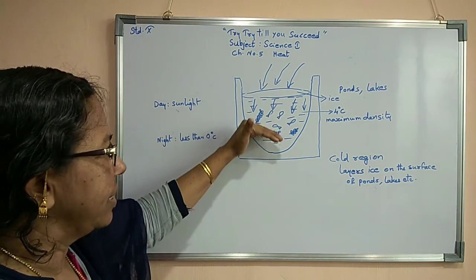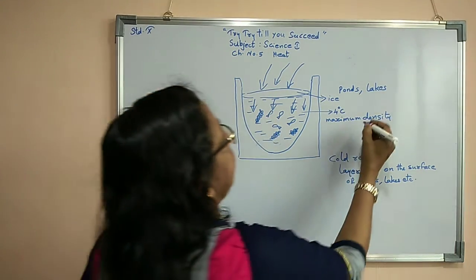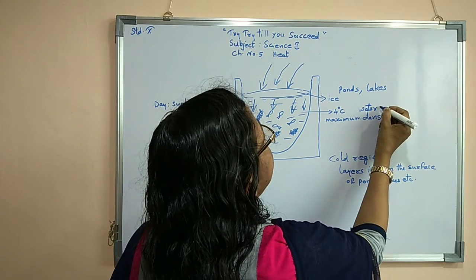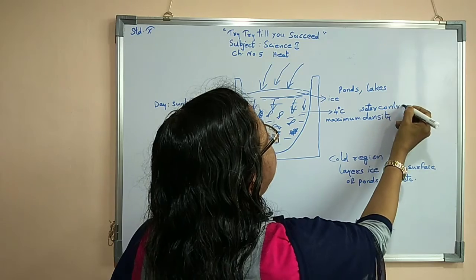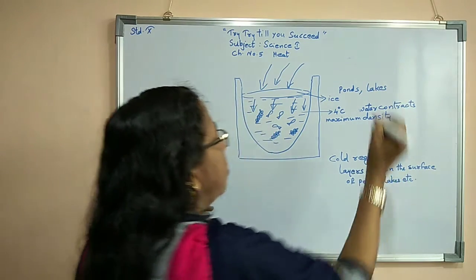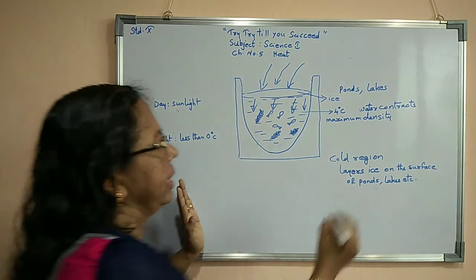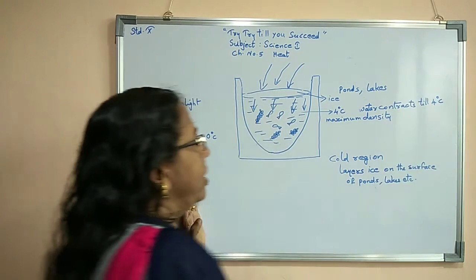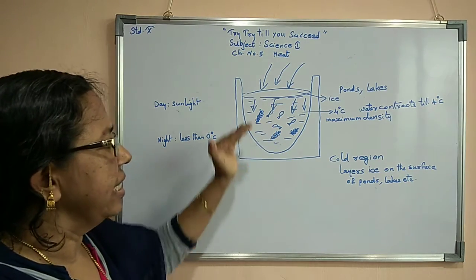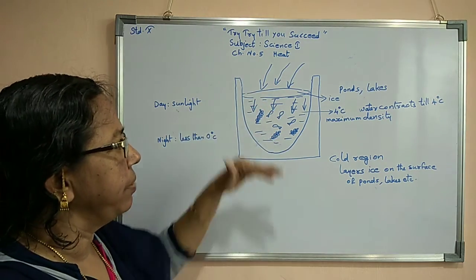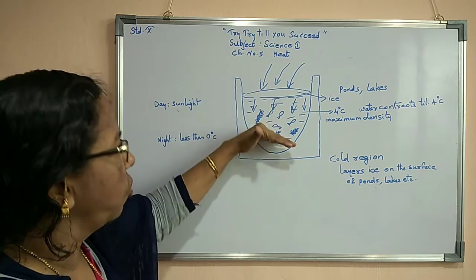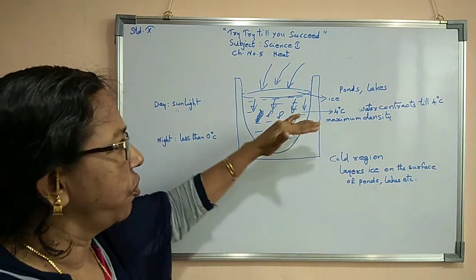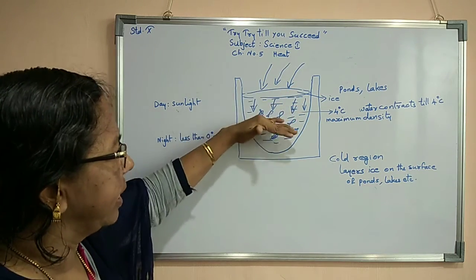As and when its temperature decreases, water contracts. Temperature decreases, then water contracts till 4 degrees Celsius. Once it gets 4 degrees Celsius, the water is getting maximum density, then whole water will come downward. As and when its temperature reaches 4 degrees Celsius, water fully will be downside.